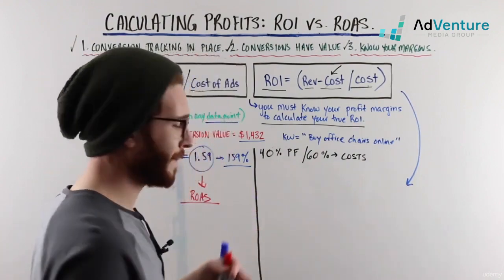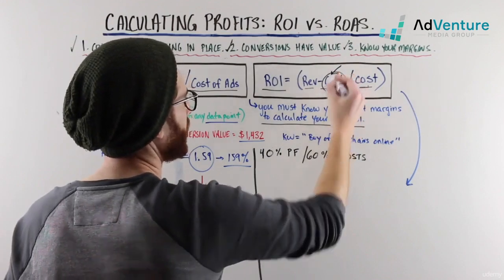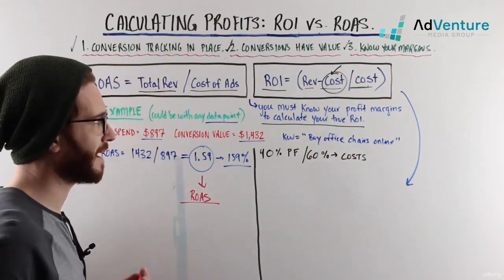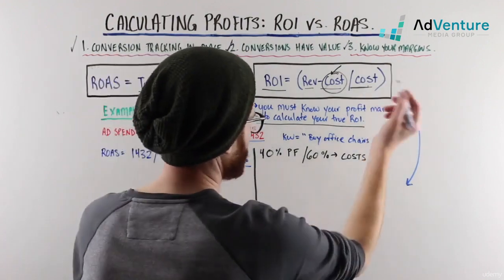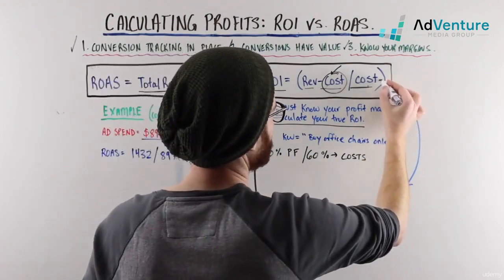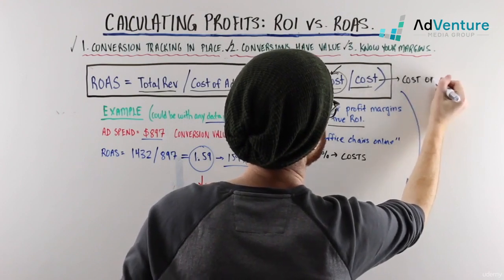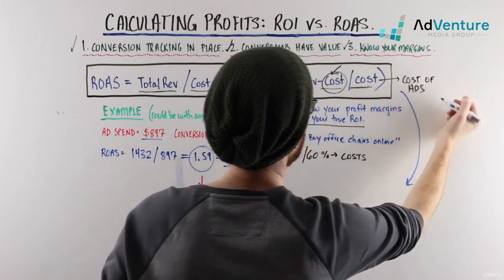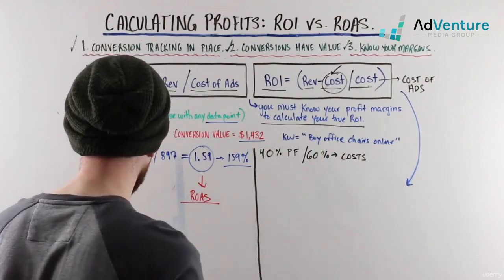Now, I want to do the same exact mathematical calculation. The first thing I need to do is figure out this number here. What is my cost to the business? And just for clarity's sake, this divided by cost is really cost of ads. This cost is the cost of doing business.